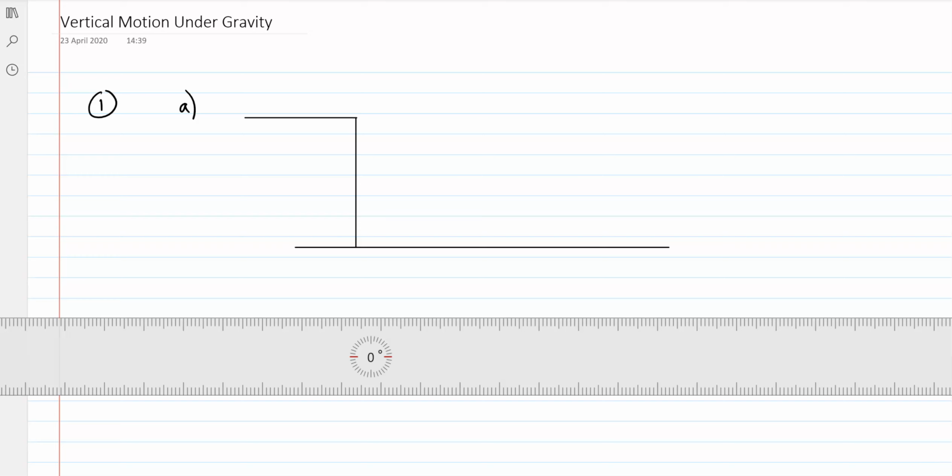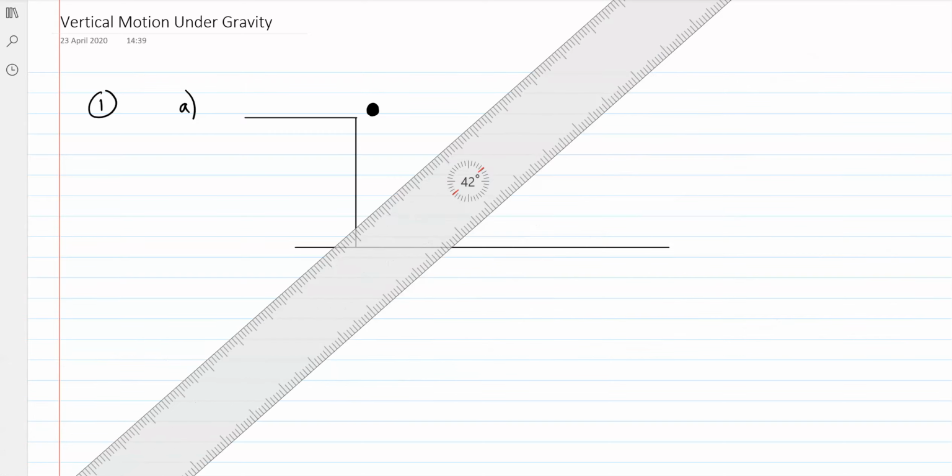And have our book, so we'll model our book as a particle in this case. So let's say our book starts right at the top here and it's falling down from there.